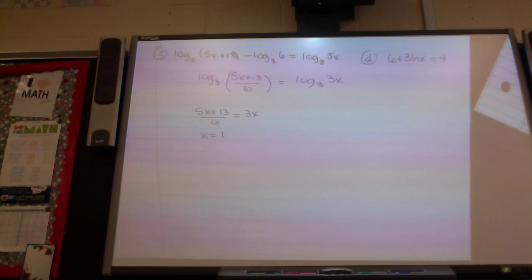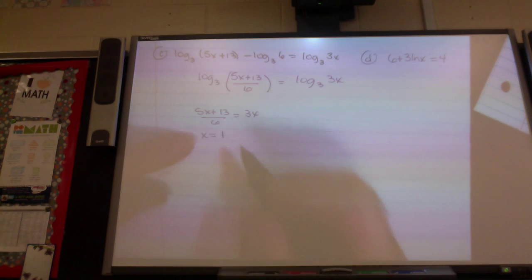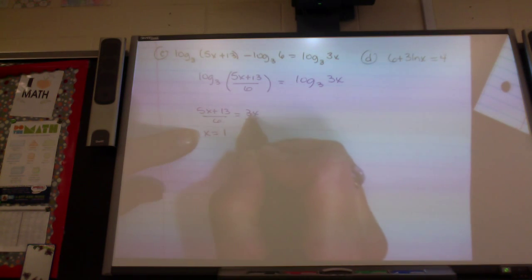The only time you can set them equal is when one log equals another log and the bases are the same. Can you go through that, because I'm not getting 1? Which one, the one I just did? Yeah, how you got 1. Oh, okay. Cross multiply.